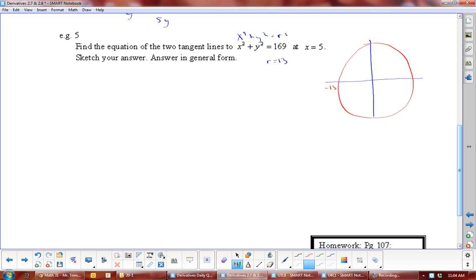It's harder to do it on a smartboard than on paper, though. Does that make sense to everybody so far? And 5 would be about there. So we've got this point here and this point here that we are doing tangents to. Oop, that's not a very good tangent. That's a crappy circle. That's why.